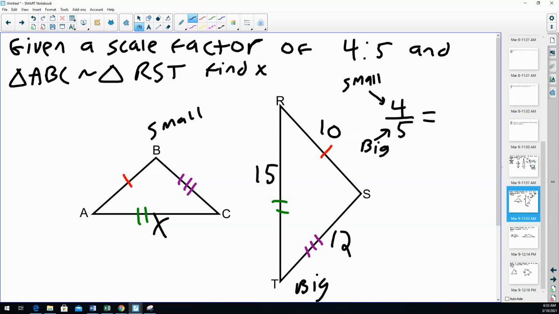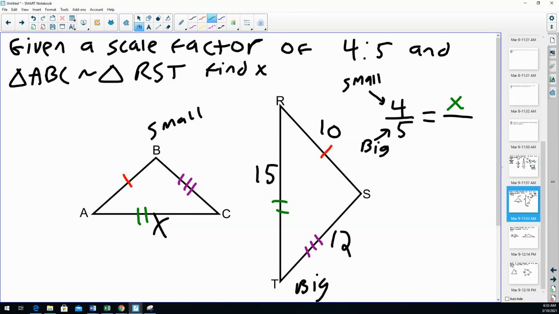So the small one is what has X, okay? X just happens to be the green lines again, the double lines. So here we have X, so X is going to go on top this time because we have the small triangle on top.